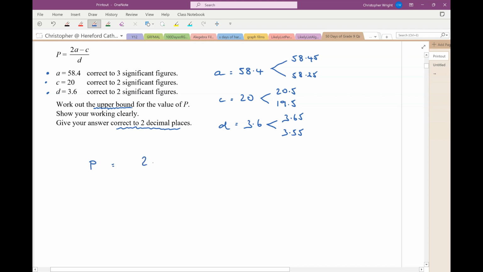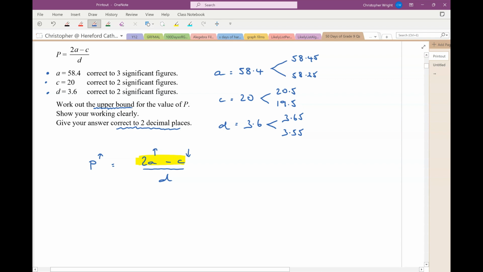And now let's write down this formula for P. P is 2 times A minus C, all divided by D. Now I want the upper bound for P. So I'm going to put an up arrow there. If I want the upper bound, then I'm going to want the numerator to be as high as possible. So I want the highest possible A, and I want to subtract away the lowest possible C. And that will make the numerator as high as possible.